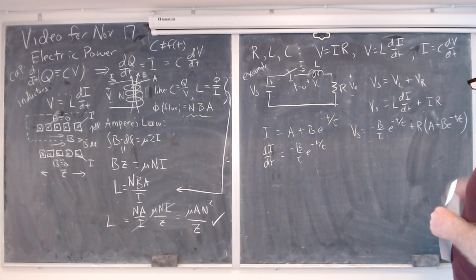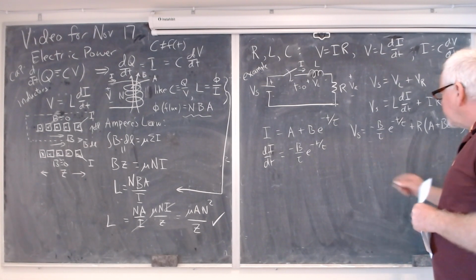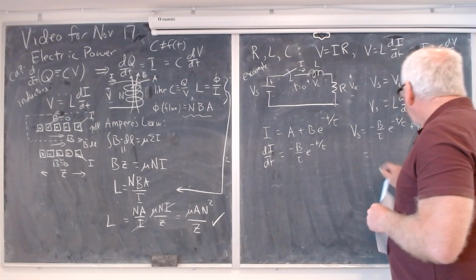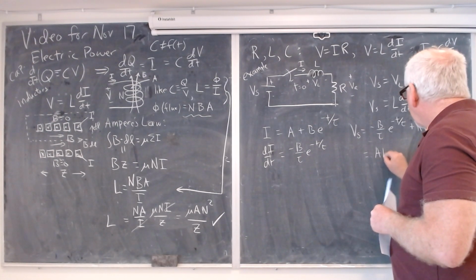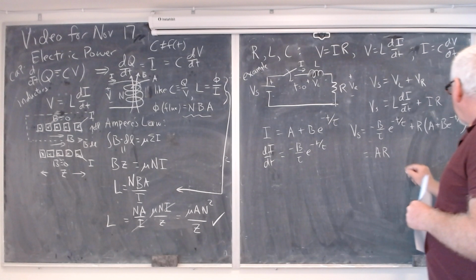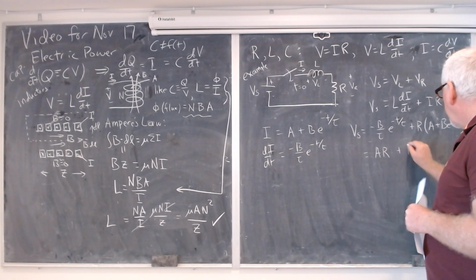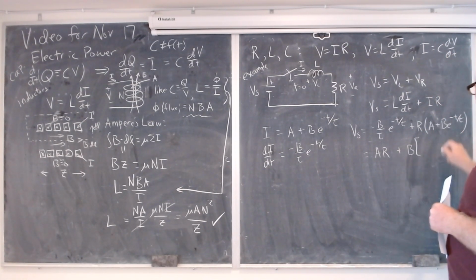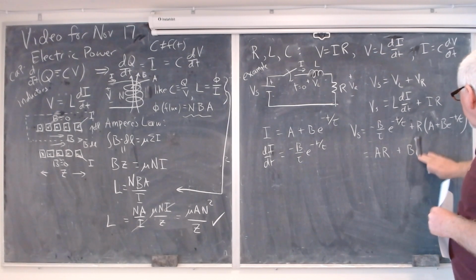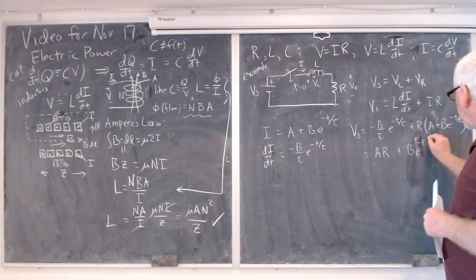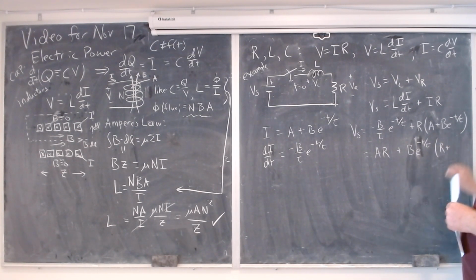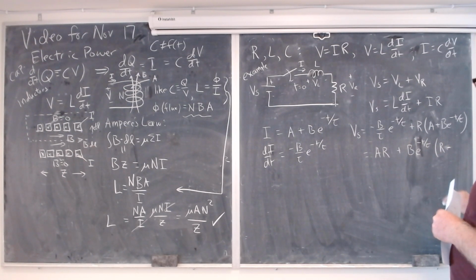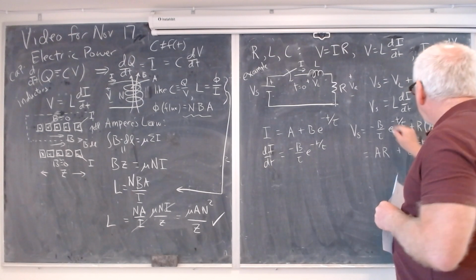Okay, now you solve it in a series of steps because you write down that that's equal to a times R plus b times e to the negative t over tau times R plus R minus, and I've lost L somewhere. That's right. There we go.